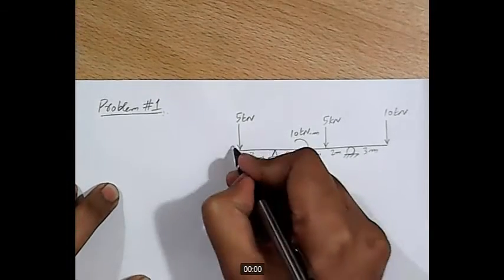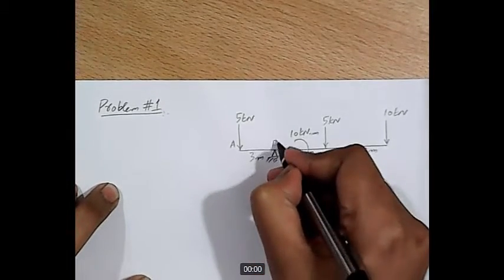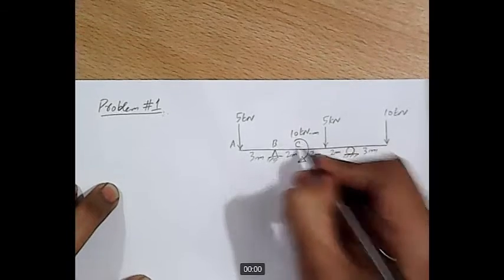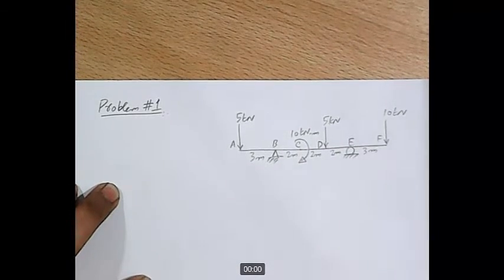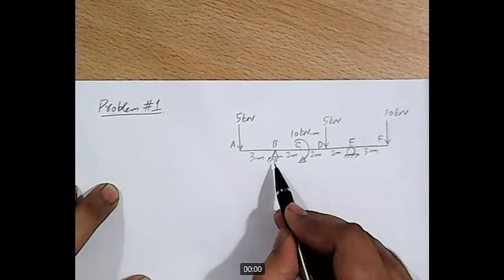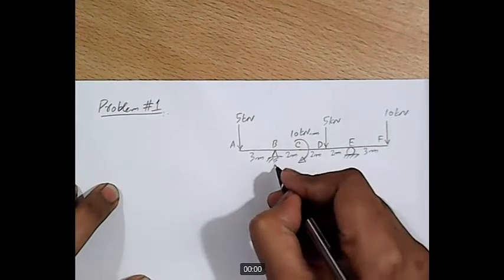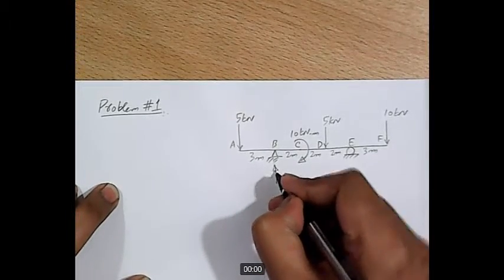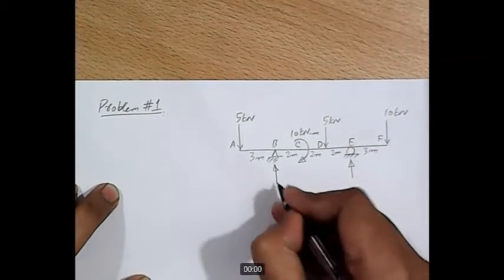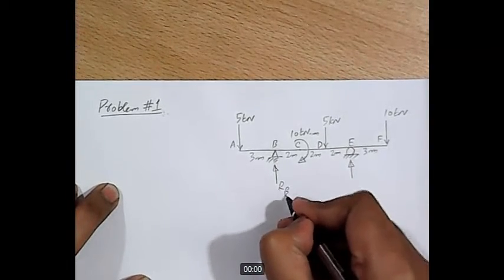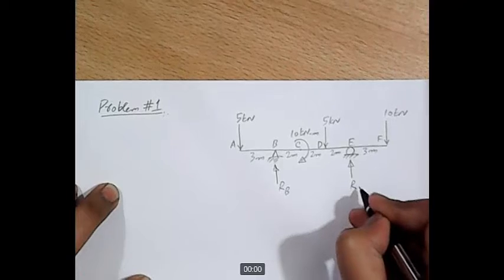We can label these points A, B, C, D, E and F. This is a problem that we have already solved using the detailed method. We have a hinge support here and a roller support here. It's a determinate problem. We'll have a vertical reaction here and a vertical reaction here. We may call these reactions RB and RE.